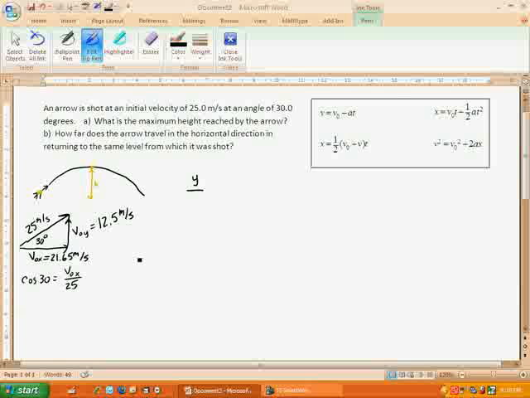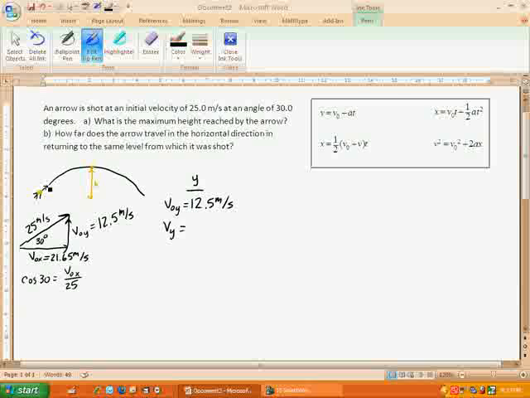At the starting point, the initial velocity in the vertical direction is 12.5 meters per second. The final velocity in the y direction, since this is my final point, is zero, because it goes up, stops, and comes back down. That's what we learned in projectile motion. We're ignoring the horizontal stuff right now.